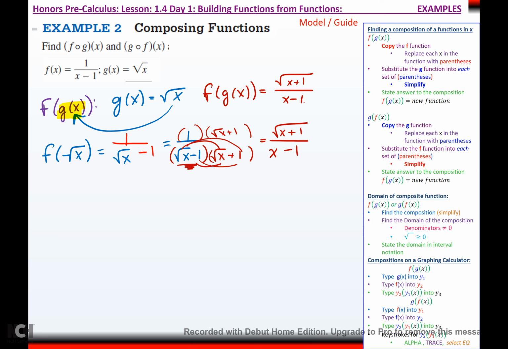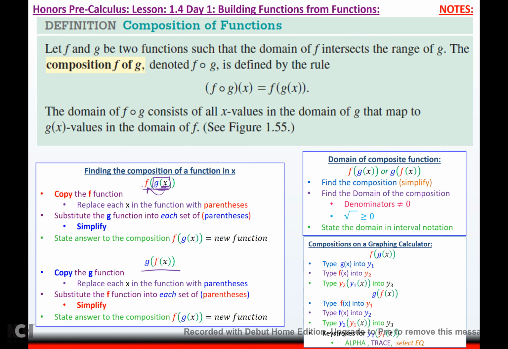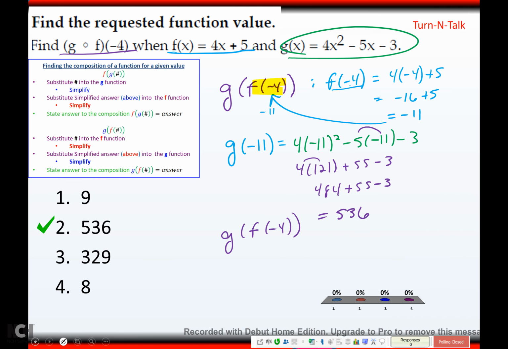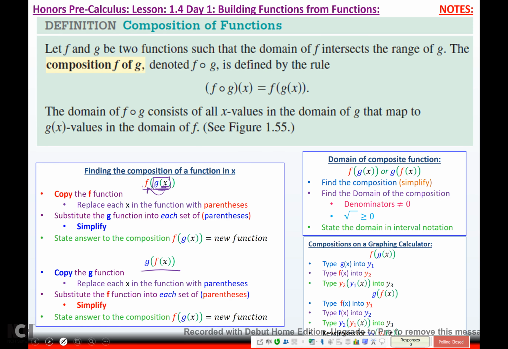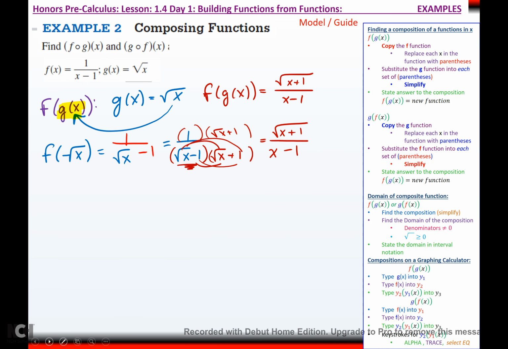And I don't know if they're going to make you find the domain or not, but if they do, you would say, Mr. Denominator, you can't equal 0, so x can't equal 1.